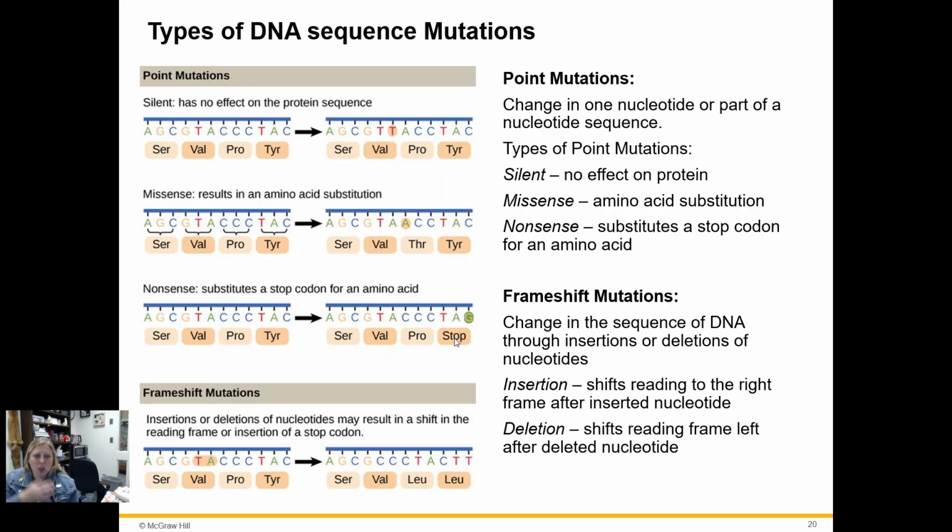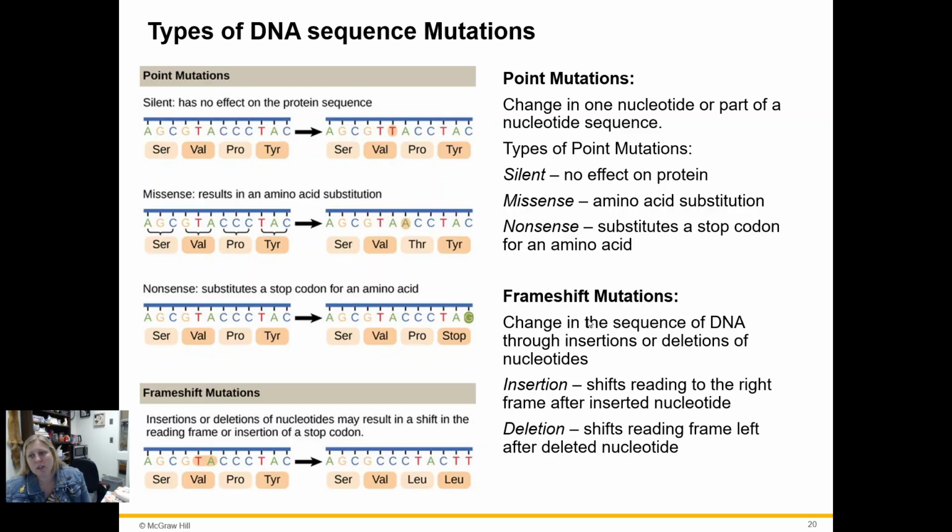There's no logical, you know where it's going to go, but if your cells don't have that protein as a direction, it's not going to go there, okay? So nonsense mutations are really bad. Silent and missense mutations may or may not cause problems. If you remember the sickle cell anemia, that is a missense mutation, okay? Causes a problem.